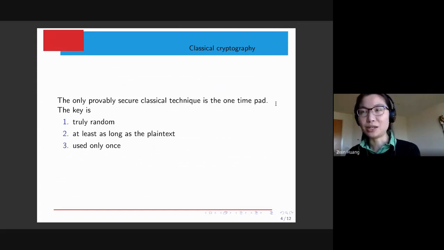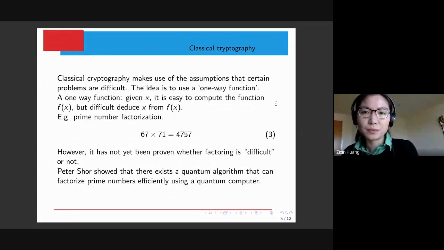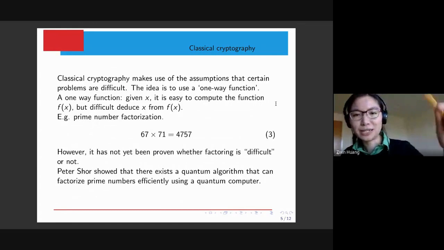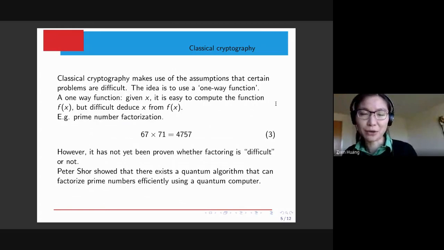However, of course, there is one drawback. It needs to be as long as the plain text, which means this is very costly. And the cryptography schemes that we use every day do not use this technique. So all of this classical bit is just background.